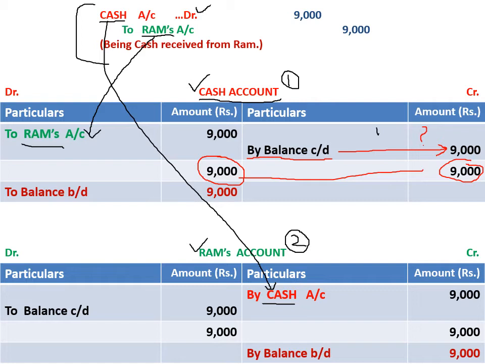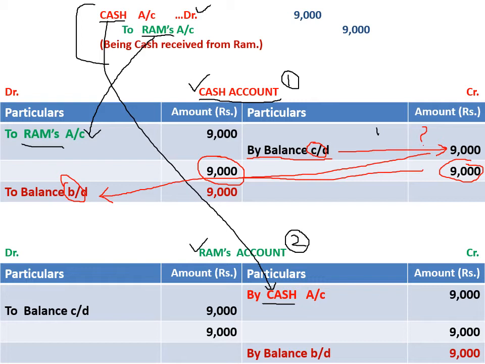Balance CD means CD stands for carried down, and CD balance will be transferred to the opposite side as balance BD. BD stands for balance brought down. So balance CD will be transferred to the opposite side as balance BD.